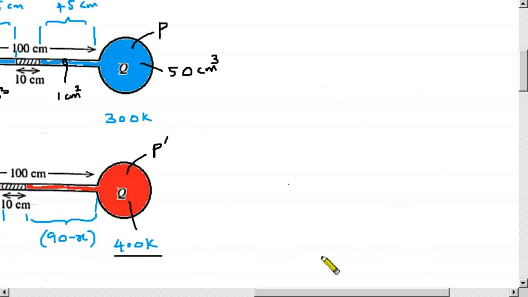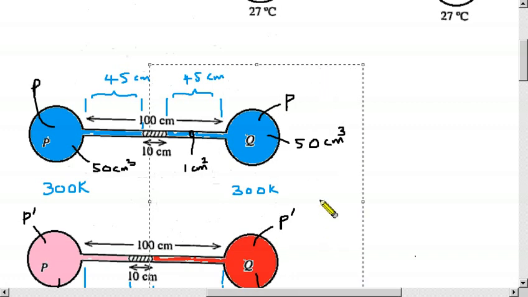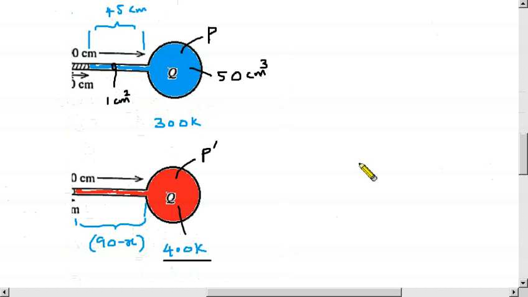So let us write the equation to the right side. Again P1 is P, V1 is 50 plus 45.